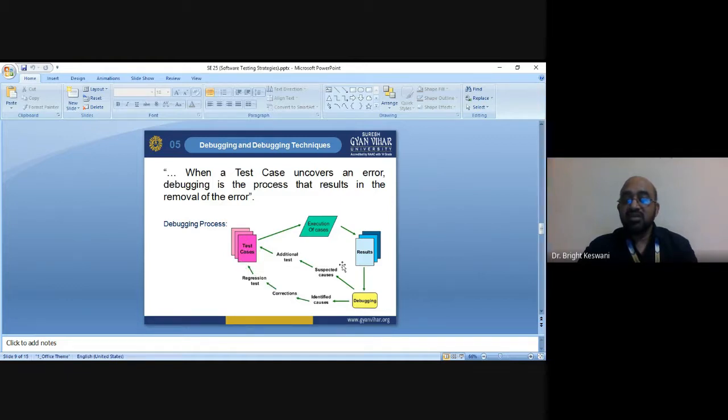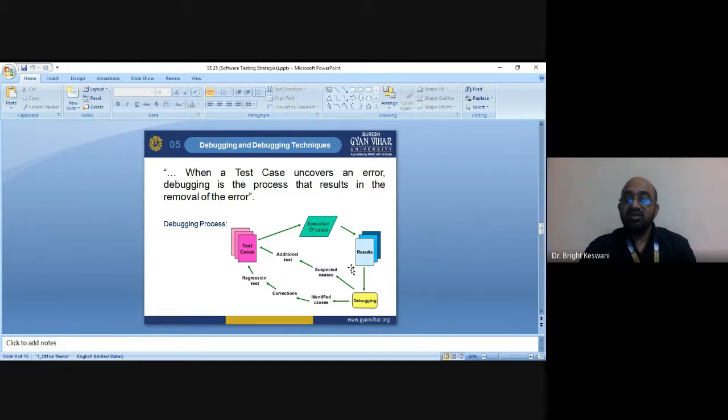So you can say the debugging process attempts to match symptoms with cause, thereby leading to error corrections. And there are mainly two outcomes of debugging. First, the cause will be found, corrected, and removed.